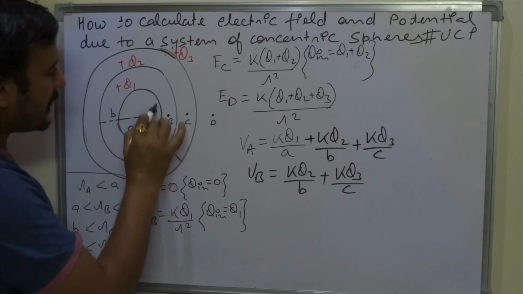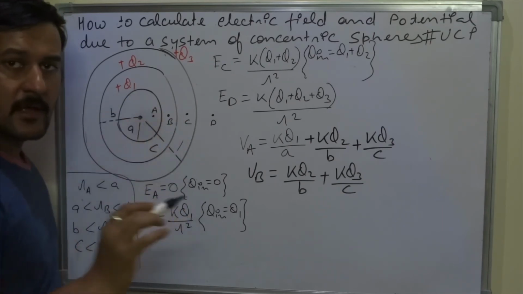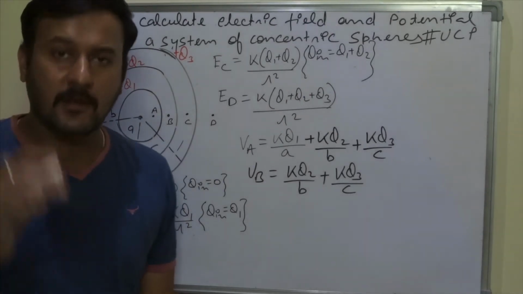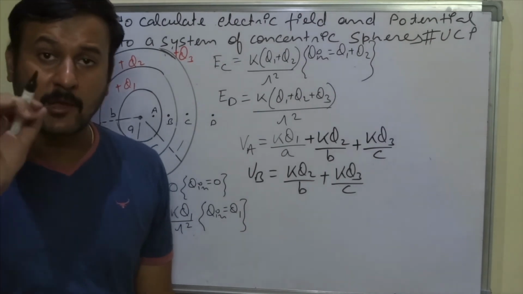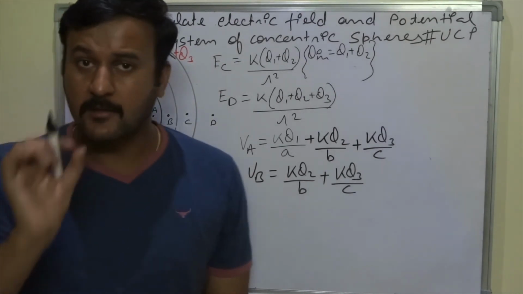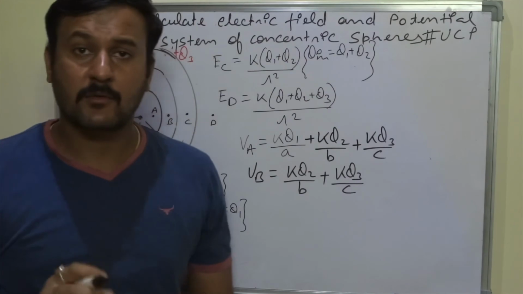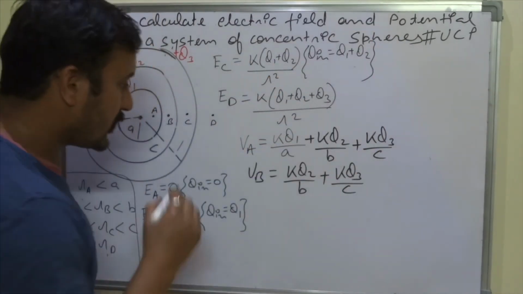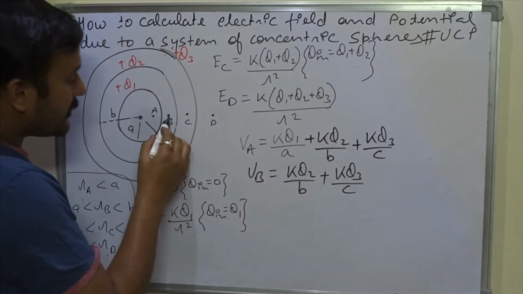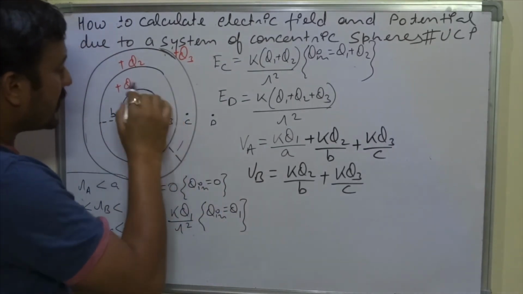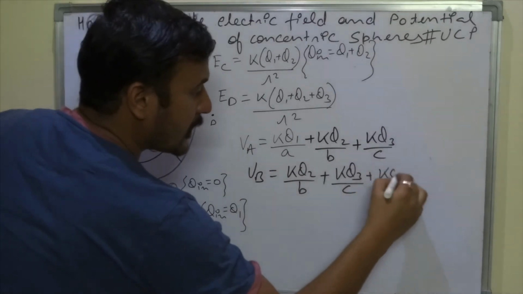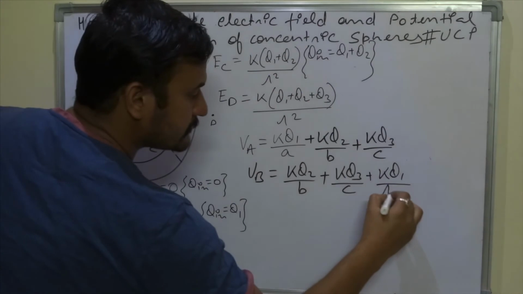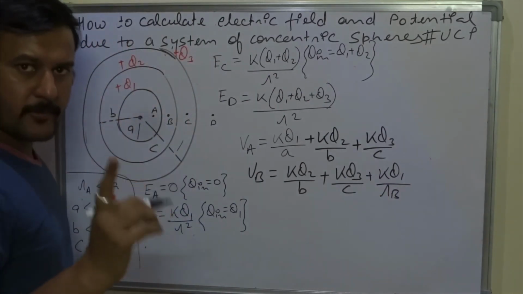When we write the potential due to a sphere at a point outside it, we take kq by r, where r is the distance of that point from the center of the sphere. So the potential at B due to the smaller sphere would be kq1 by this distance, which is RB. I hope you understand this concept.